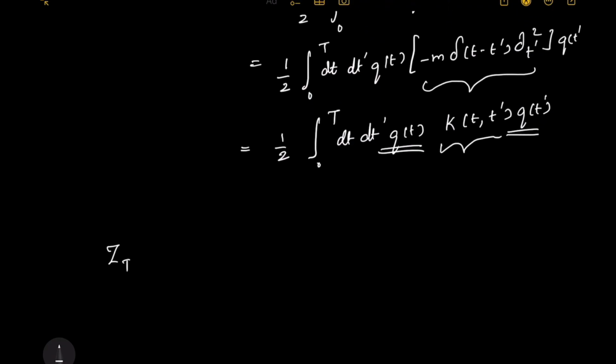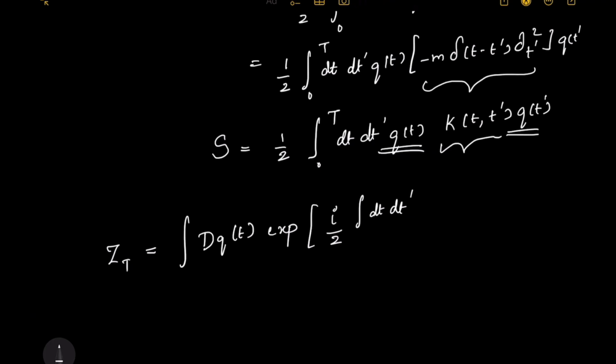I can write Z(t) as integral Dq(t) exponential i times the action, where the action is 1/2 integral dt dt' q K q'.